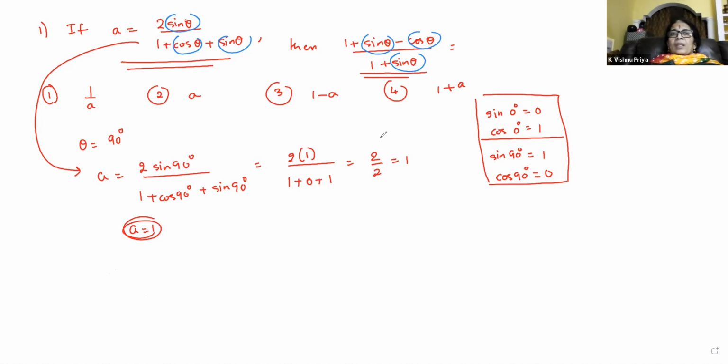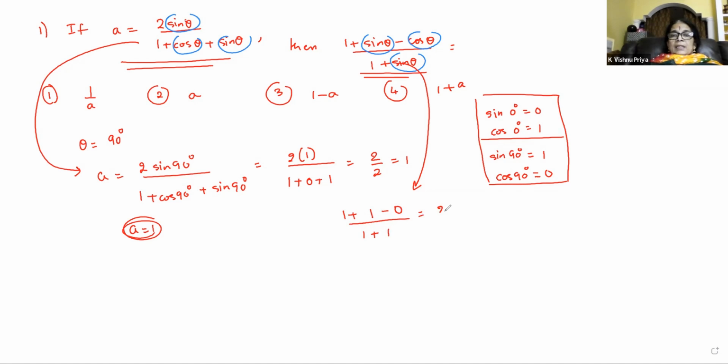Now, I have to see the one which they have asked for. What did they ask for? (1 plus sine theta minus cos theta) by (1 plus sine theta). So here also I will put 90 degrees. 1 plus sine 90 degrees is 1, minus cos 90 degrees is 0, by 1 plus sine 90 degrees is 1.